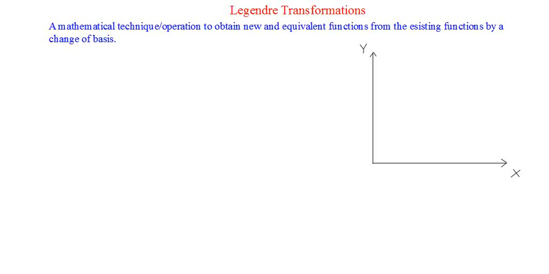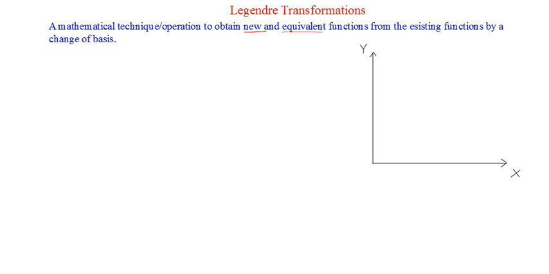It's a mathematical technique used to obtain new functions which are equivalent to the parent function. New but equivalent function. What is meant by equivalent function? It means whatever information was available in the original function will be available in the new function also.